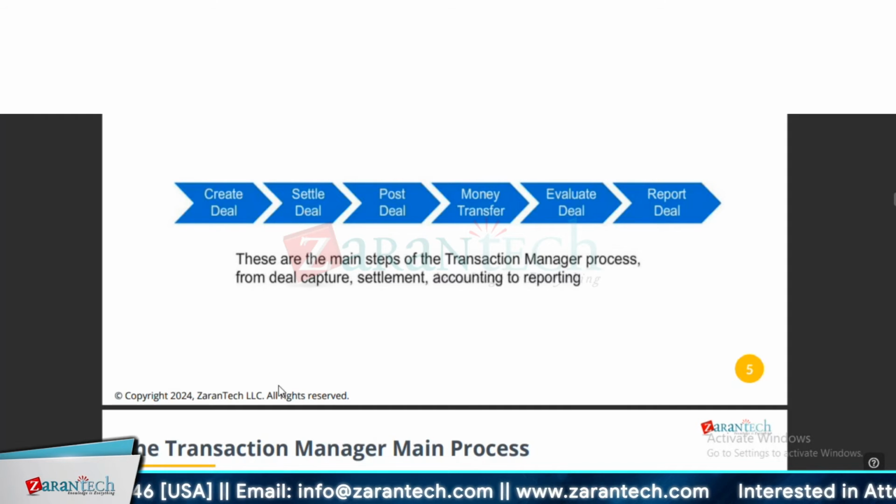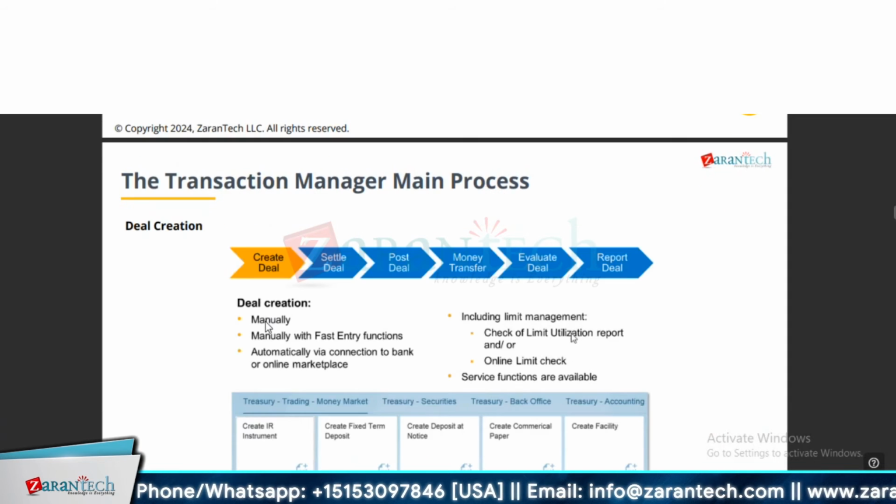So when we talk about configuration of a particular instrument and running the cycle end to end, it is a configuration from product types till the accounting: how the accounting will be involved, how the accounting will be fetched, how the deals will be created, how the settlement would be done, how we are going to post it to accounting, how the cash transfer is going to happen, and if we are going to roll over or terminate any deal. So everything is covered under the transaction manager process.